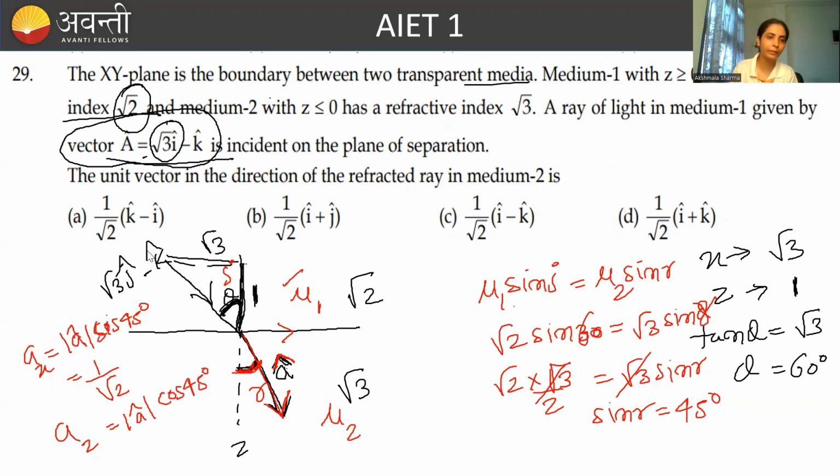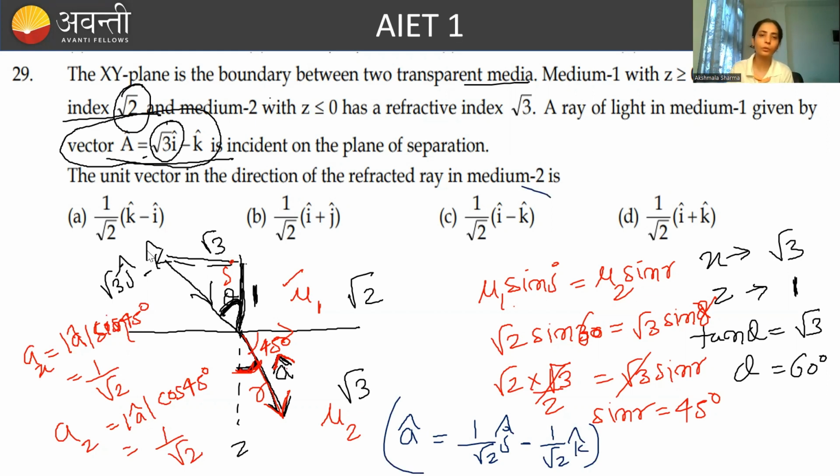Here you would actually write sine 45, but the values of cos and sine at 45 are equal. Since I took 45 here, I wrote cos. You can write it like this also. Its value is again 1/√2. So the component along the x-axis is 1/√2, and along the downward z-axis the magnitude is 1/√2. So vector A can be written as 1/√2 i cap minus 1/√2 k cap.